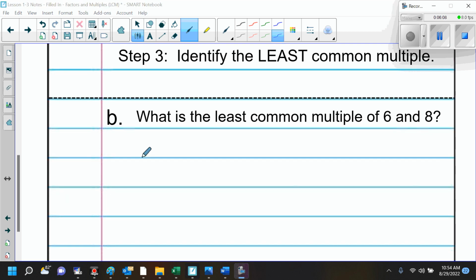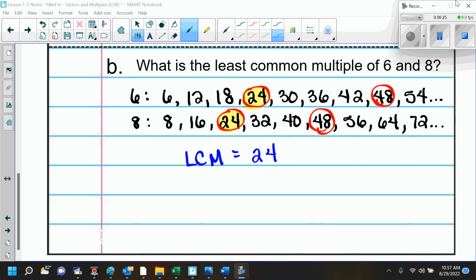All right, so I want you to do letter B, example B, with your table partners. We want to know what is the least common multiple of 6 and 8. And I want you to do this by making your lists. So step 1 is to write the multiples of each number, right?